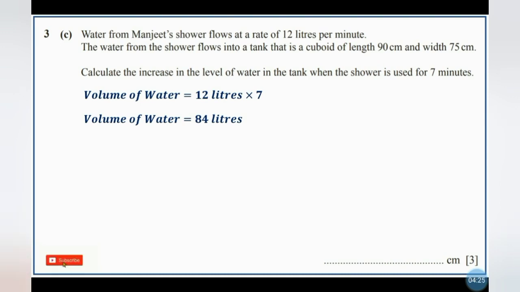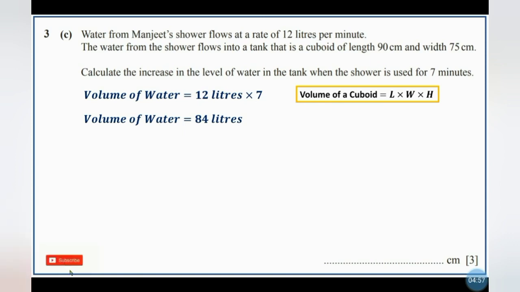If you have 84 liters of water and you are putting this water into a tank that is a cuboid with a length of 90 centimeters and 75 centimeters width, then to find out the height or the level of water, you just need to use the formula for the volume of the cuboid, which is length times width times height.